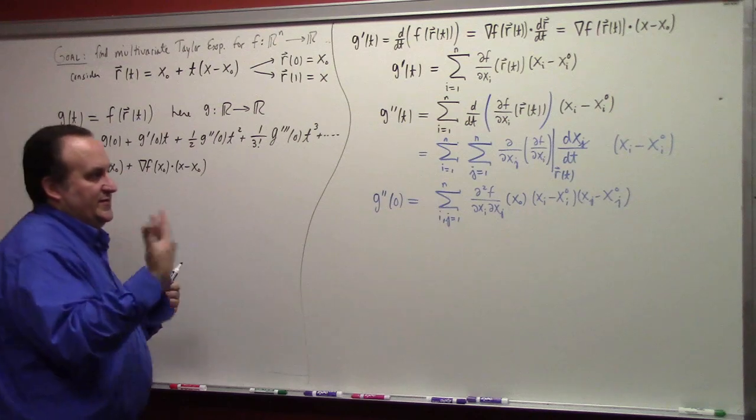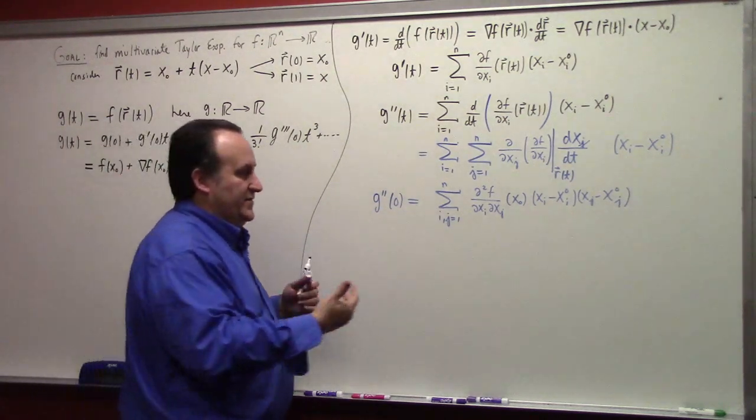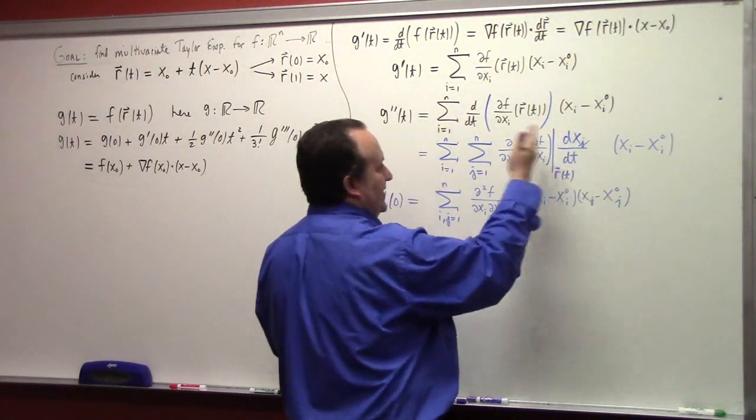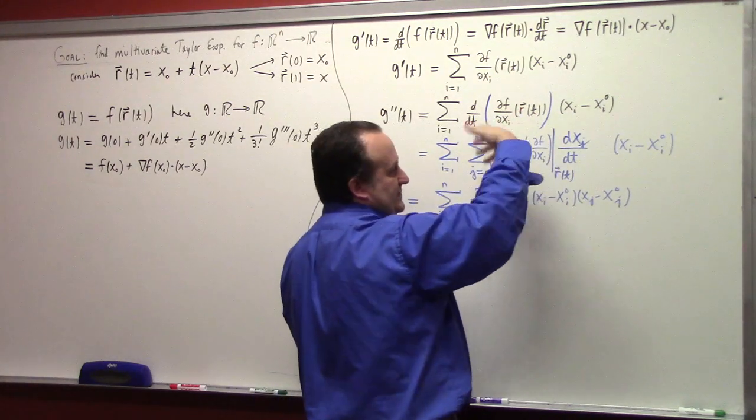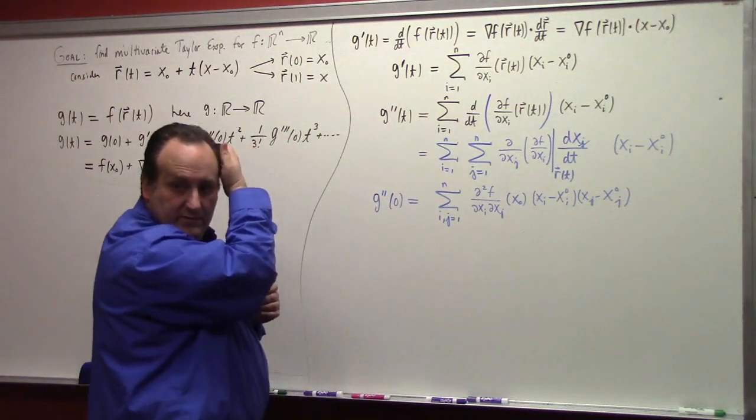Now, no matter how many times I differentiate, there's no time dependence in this when I look back up at this formula. So we just keep chain ruling. Next we'll chain rule the ij-th derivative.